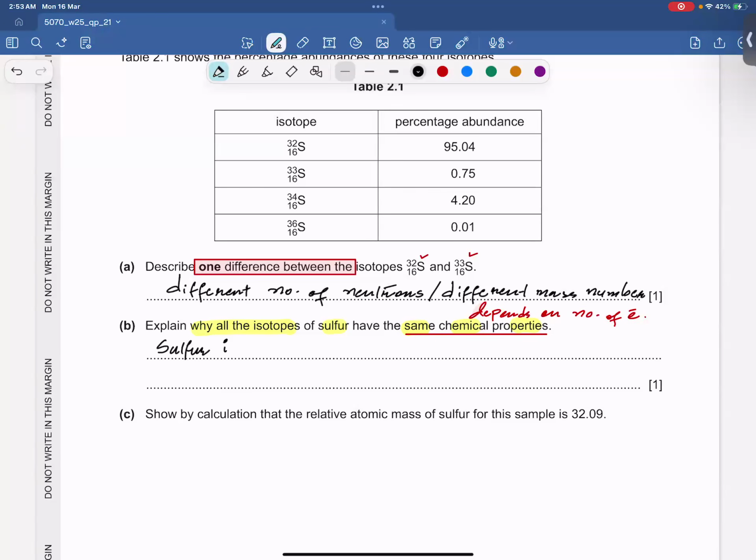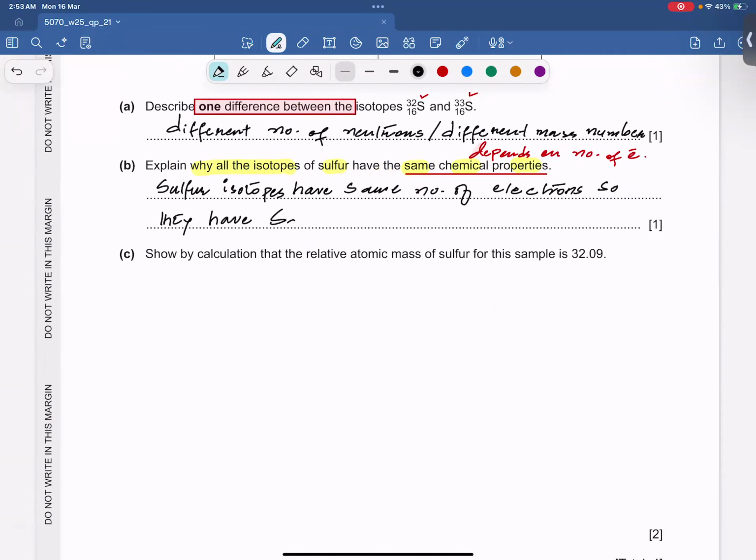Sulfur isotopes have the same number of electrons, so they have the same chemical properties.